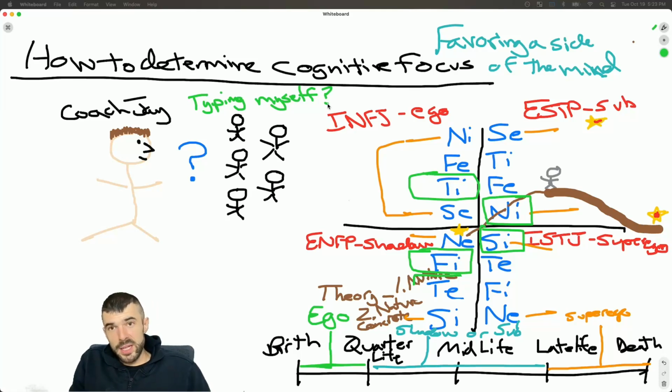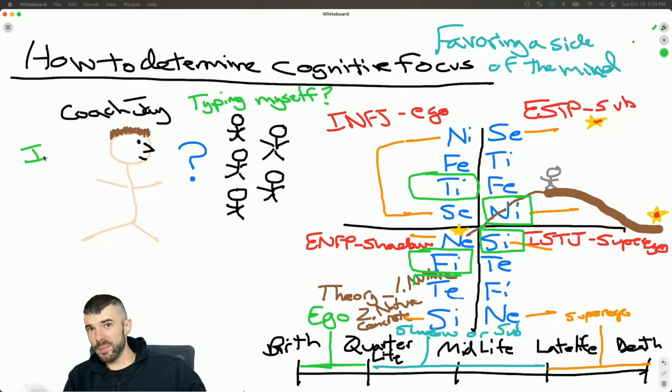Well, this is why you need to have third parties. So let's just say that these are people who are in Jay's life, and Jay is typing himself. Well, is he going to come up with INFJ? Is he really going to come up with INFJ on his first time? No, he's not. He's not going to come up with that.